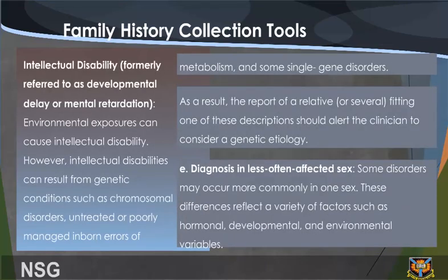D. Intellectual disability, formerly referred to as developmental delay or mental retardation. Environmental exposures can cause intellectual disability. However, intellectual disabilities can result from genetic conditions such as chromosomal disorders, untreated or poorly managed inborn errors of metabolism, and some single gene disorders.